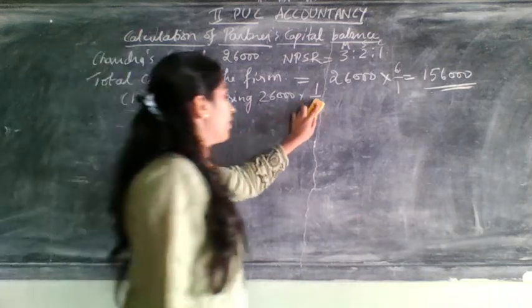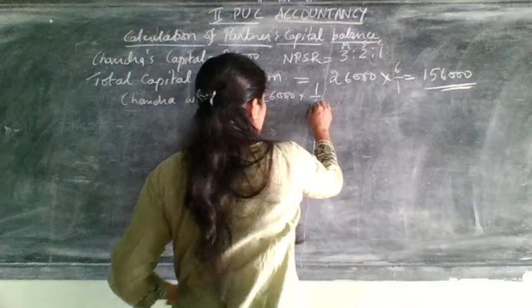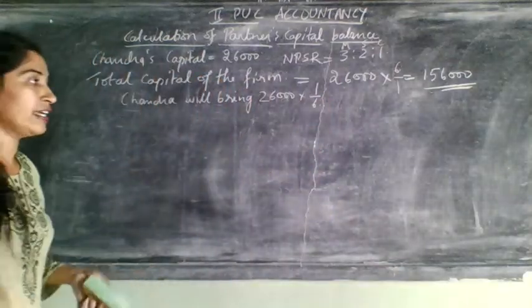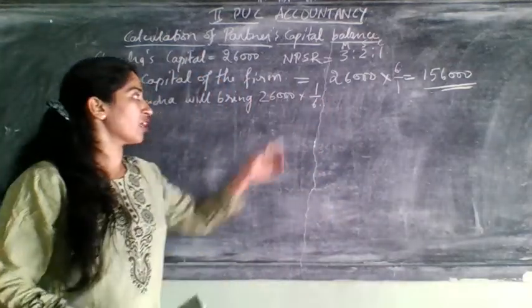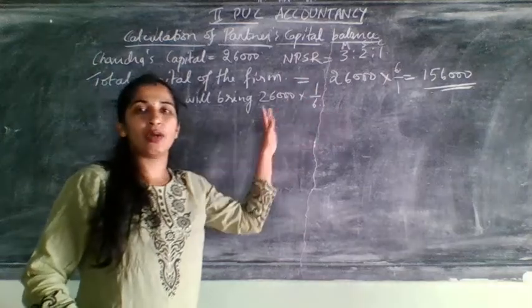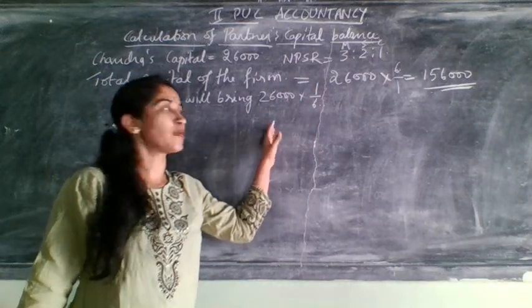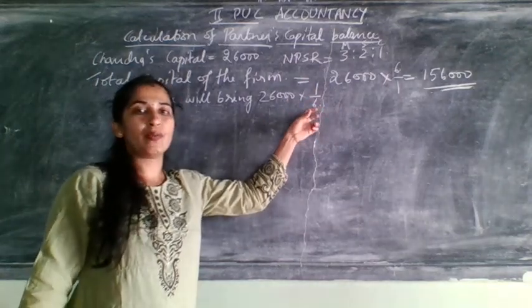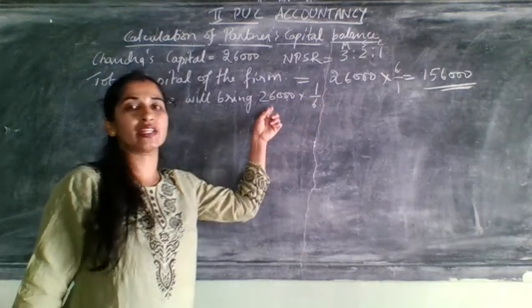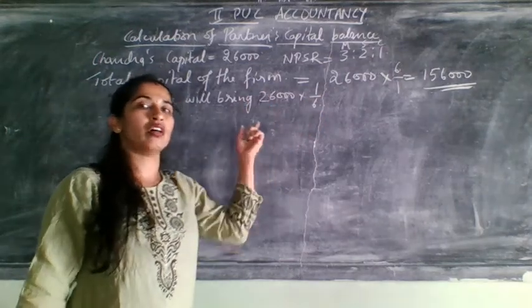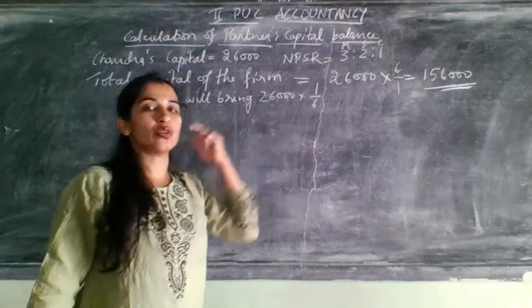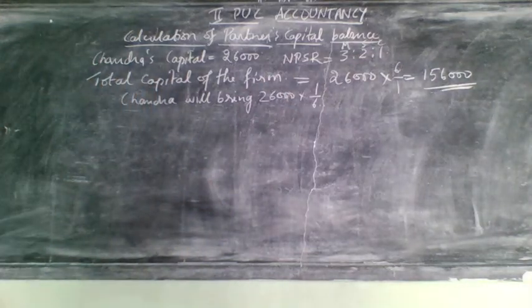But here they have given 1/6 share. Okay, see, in the rest of the problems we have not considered his share at all. But when you are doing capital adjustment, we want this share. Why? Because for 1/6 share he will bring this much. For whole share of the firm you need to do the reverse of this. That means 6 is considered as all share of the firm.